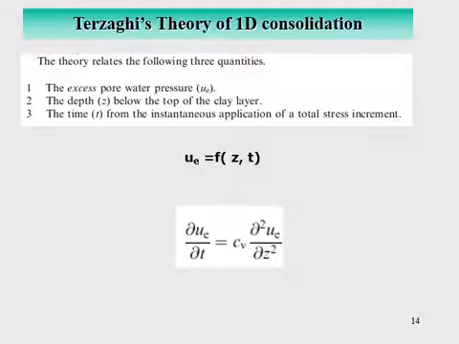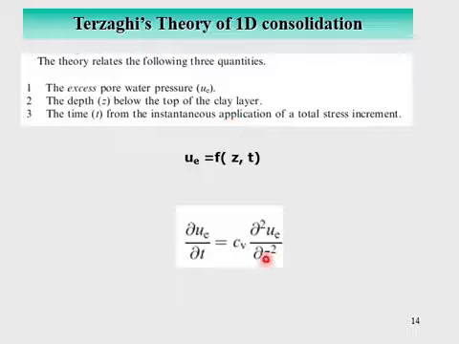Now let's derive the Terzaghi theory of one-dimensional consolidation, right? And it was his genius that in about a century back, he was able to derive a relationship between excess pore water pressure and depth, and you can find excess pore water pressure at any depth z at any time t numerically, right?